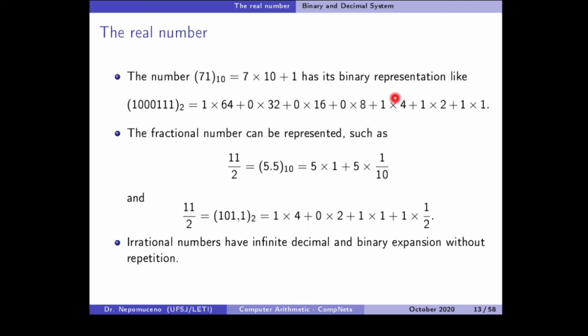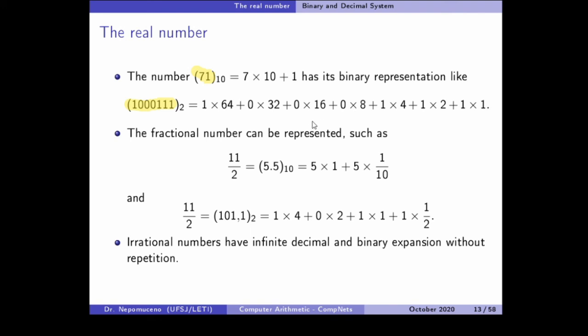Its binary representation is like this. The number here you are going to represent in decimal like that, because you can make 1 times 64 plus 0 times 32 plus 0 times 16 plus 0 times 8 plus 1 times 4 plus 1 times 2 plus 1 times 1. And of course the result of that is 71.